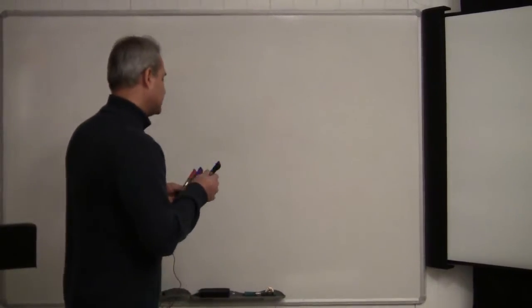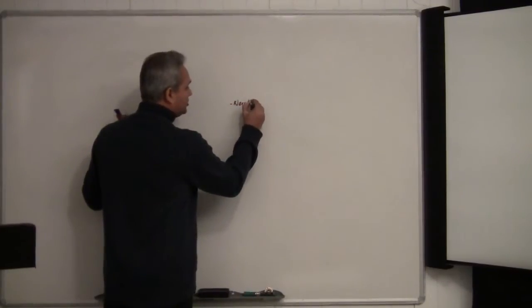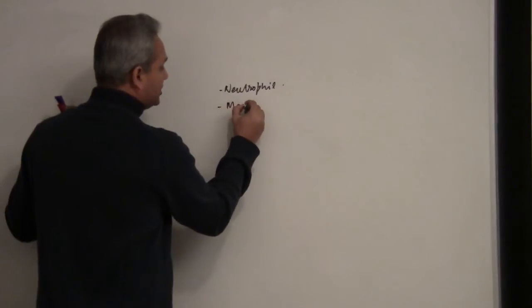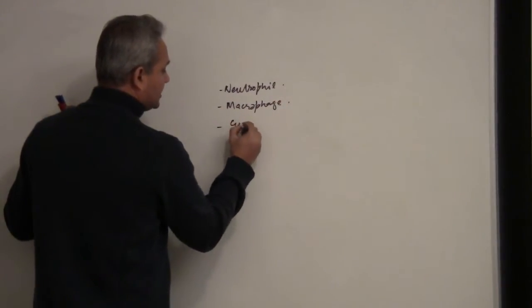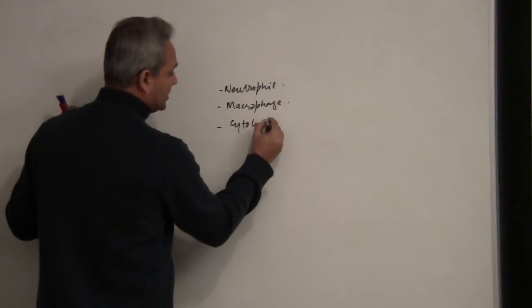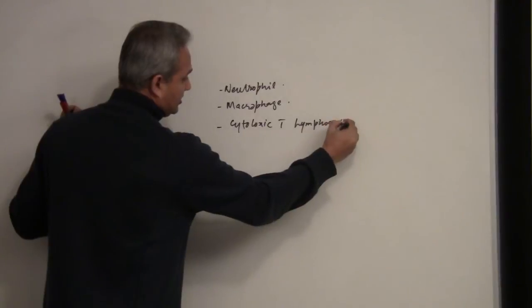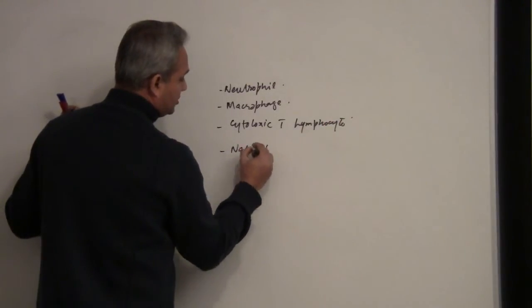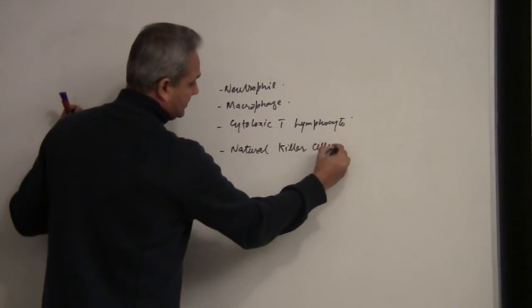If I gave you the choices of the effector cell: neutrophil is one choice, macrophage is another choice, cytotoxic T lymphocyte is another choice, and natural killer cells is another choice.